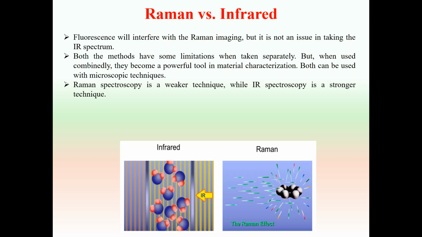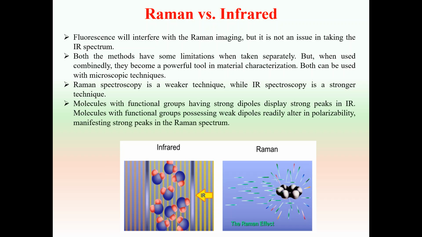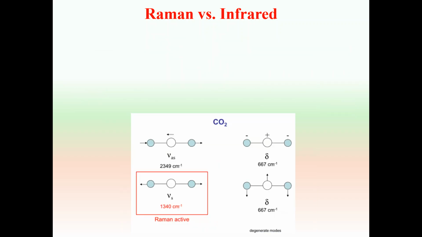Raman spectroscopy is a weak technique, while IR spectroscopy is a stronger technique. A molecule with a functional group having a strong dipole displays a strong peak in IR, whereas a molecule with a functional group possessing a weak dipole that readily alters polarizability manifests a strong peak in the Raman spectrum.